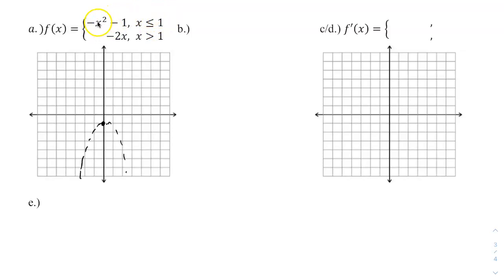Well, 1 squared is 1, and then negative, so negative 1. Negative 1 minus 1 is negative 2. So I should be at 1, I should be at negative 2. It's right there. And then it just follows a parabola. So I want the left side, so it's like this. So something like that. Best I can do with my drawing skills.